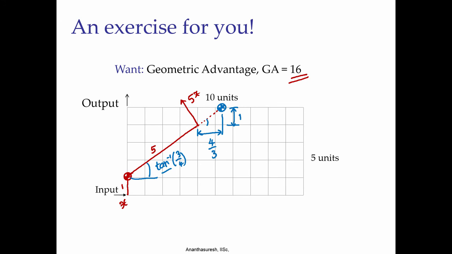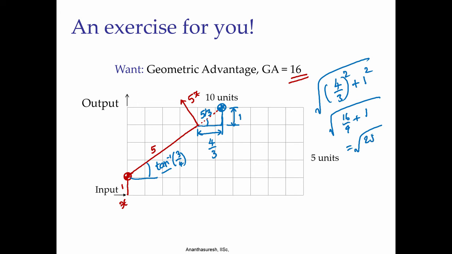So, if this is 4 by 3, this is 1, this will be 5 by 3, again Pythagoras theorem. So, square root of (4 by 3) squared plus 1 squared, that will be square root of 16 by 9 plus 1, that will be square root of 25 by 9, that is equal to 5 by 3.